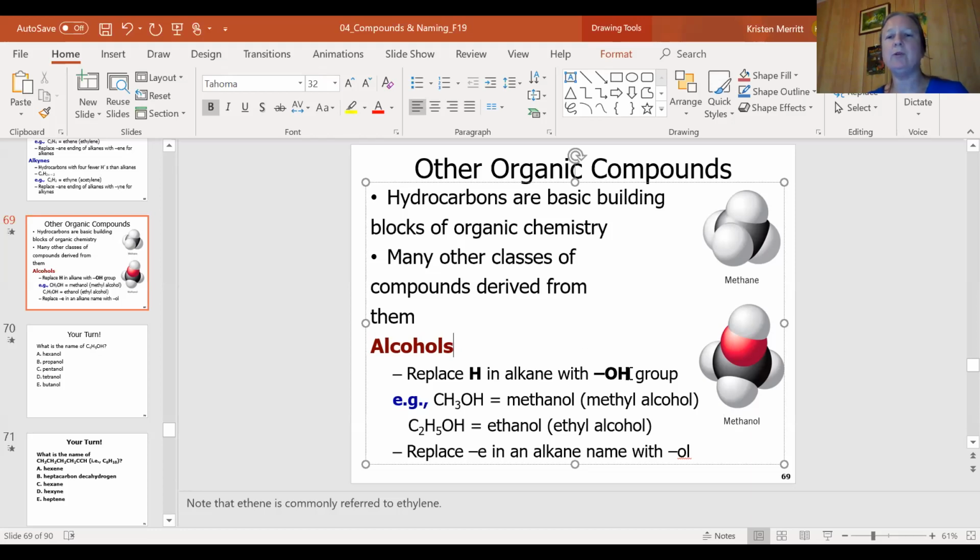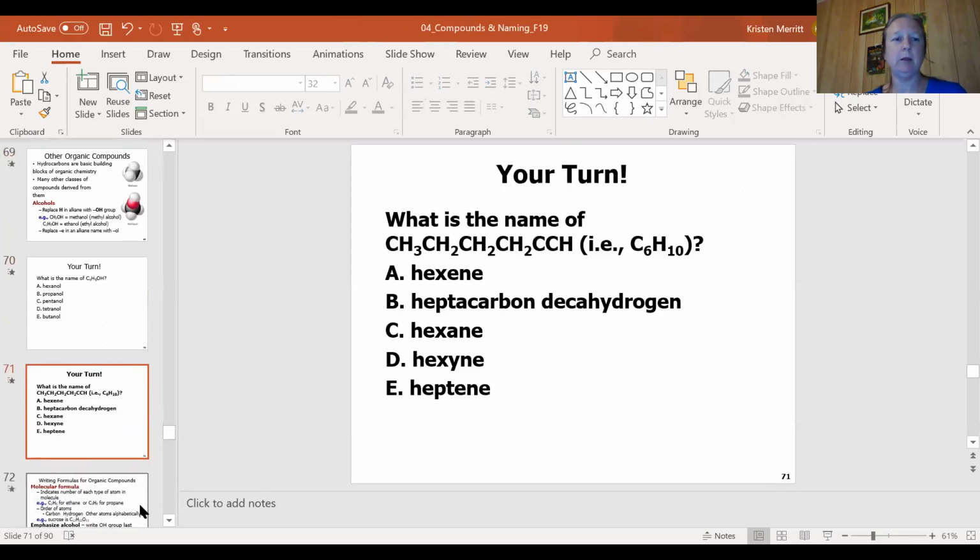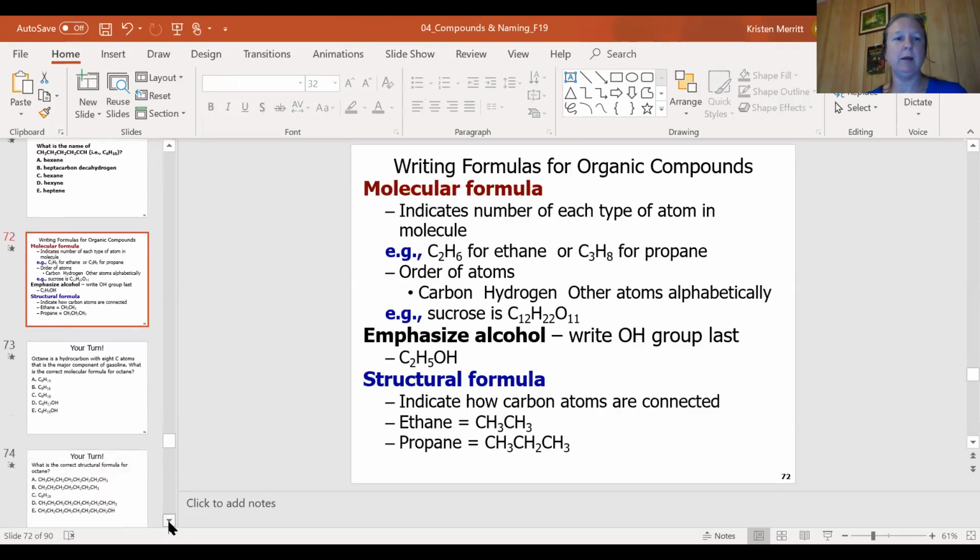An alcohol has an OH group in it, and that will become important when we get into solubility. But it's just alcohols, OL. If OL is in the name, it's alcohol. If OSE is in the name, sucrose, fructose, glucose, that's a sugar. So we'll look at that again when we go into solubility. That's just a little side thing that will help. Okay, we're not going to do any of that.